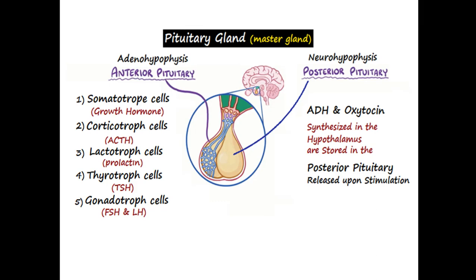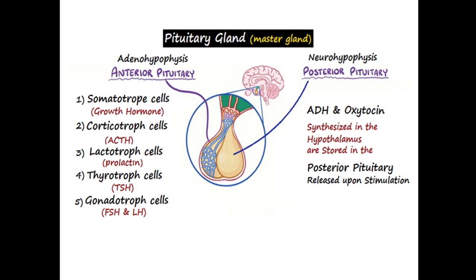The anterior pituitary gland produces different hormones under the influence of the hypothalamus, and these are the growth hormone produced by the somatotrope cells, adrenocorticotropic hormone produced by the corticotrope cells, the prolactin associated with milk synthesis and secretion produced by the lactotrope cells, the thyroid stimulating hormone, which causes secretion of thyroid hormones T3 and T4 from the thyroid gland, produced under the influence of the hypothalamus by the thyrotrope cells.